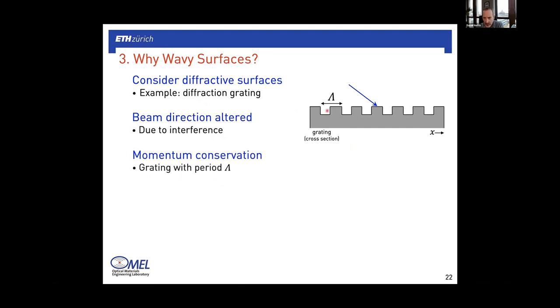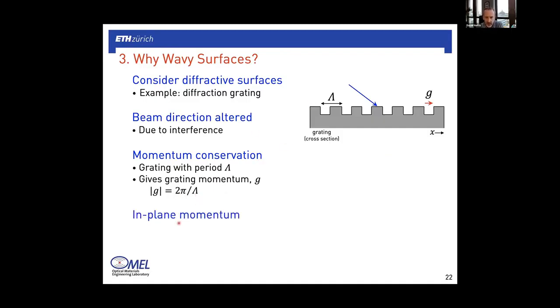In particular, if we have a grating that has a period capital lambda, this gives rise to what's known as a grating momentum vector, which points in the direction of the periodicity, which in my cartoon here is along x, and has a magnitude of 2 pi over this period.